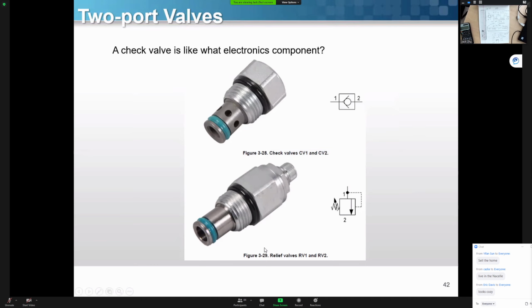I don't think they ask you about it, but a relief valve will open to let the pressure out when the pressure is getting too high, to regulate the pressure. So it's more like a Zener diode, or you can call it an MOV.